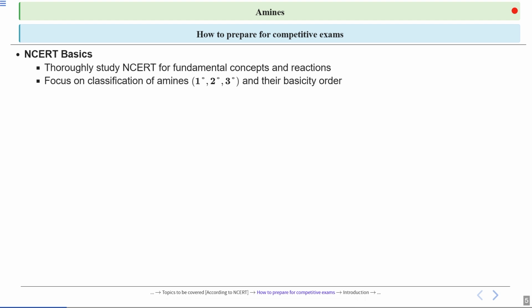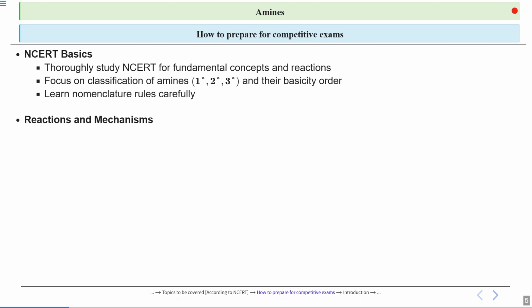Next, you have to focus on the classifications of amines, that is primary, secondary and tertiary, and also their basicity order. Next, which is crucial, is to learn the rules for naming amines. So nomenclature, you have to learn nomenclature rules carefully.